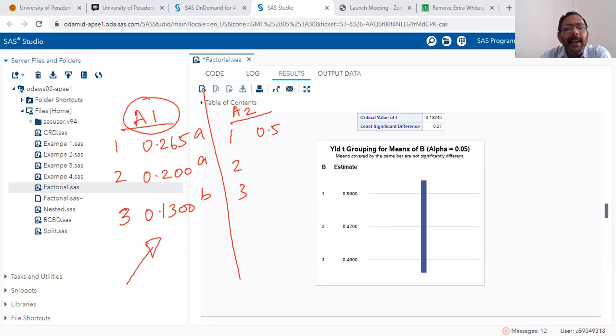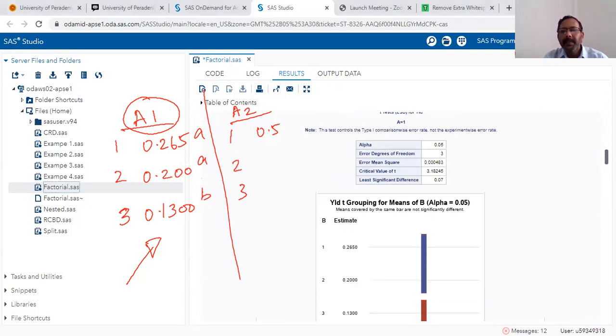Can someone correct his answer? For A1, I'm talking about A1. I will go back to A1.